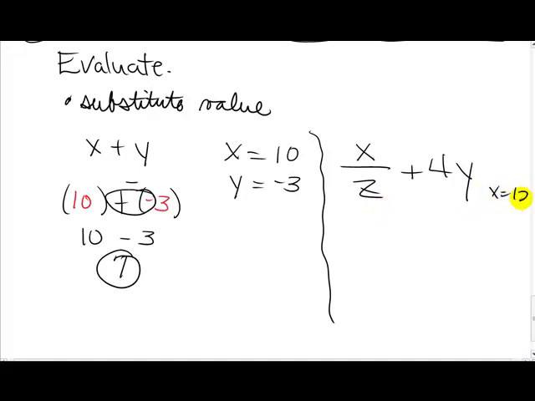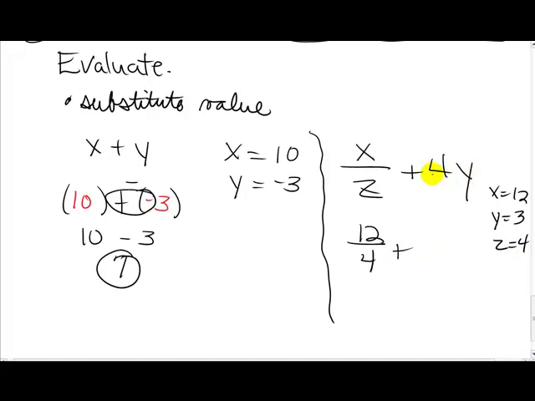X equals 12, y equals 3, and z equals 4. So now here I'm not going to bother with the parentheses. 12 over 4. I do want to be sure that I'm putting the right number in the right place.